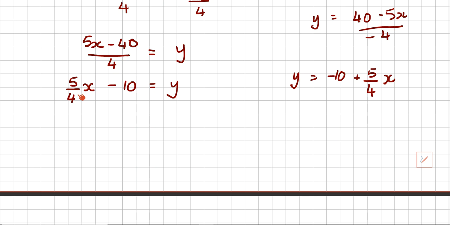Every 4 seconds, the pool gets filled up by 5. Every 4 seconds, there is 5 more litres. So where's that every in something? 4 people, I need 5 pizzas. So we can say it, so it does work, right?